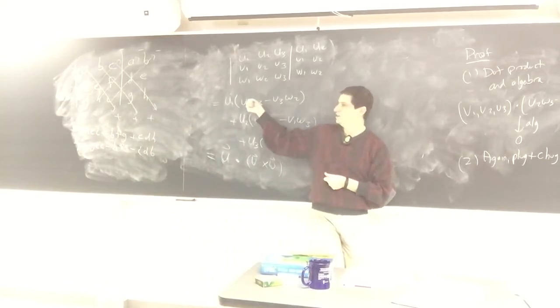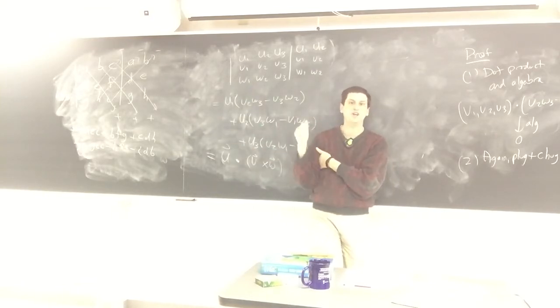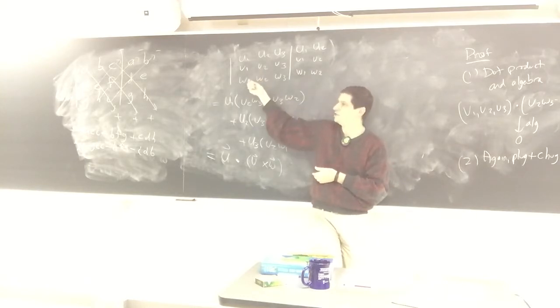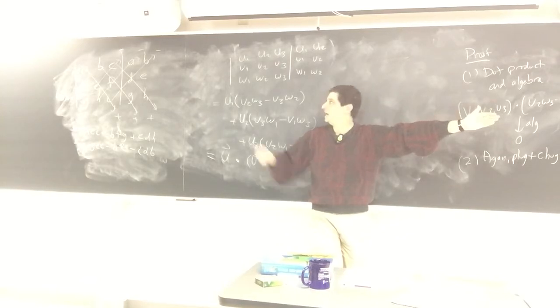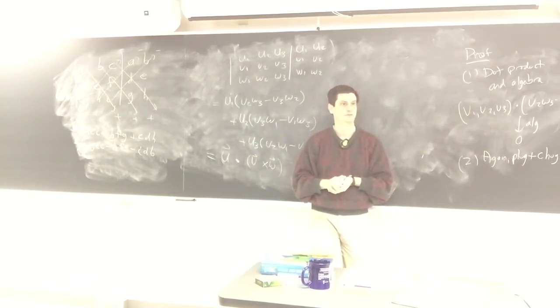And if you think about it, the volume will be maximum for given v and w if u has a fixed length, you want u to be perpendicular to that plane. And so v cross w is basically giving you a vector that's perpendicular to that plane. And so if u aligns with that, it's going to be maximal.